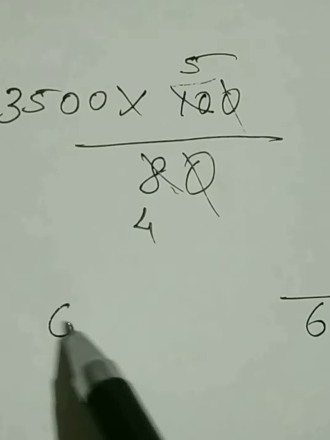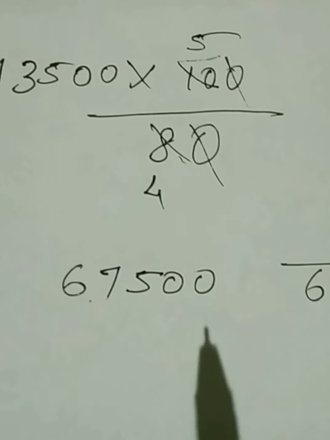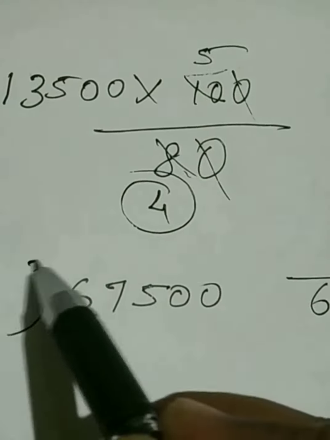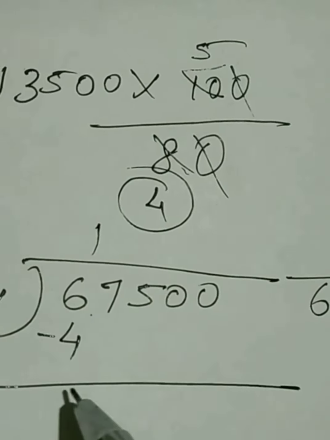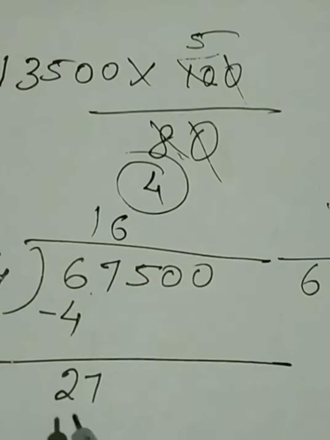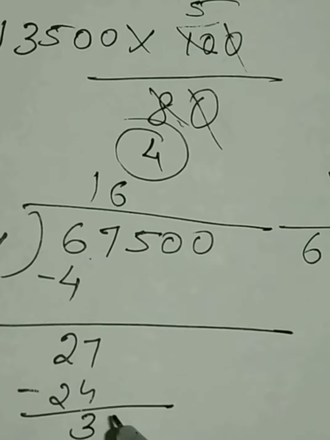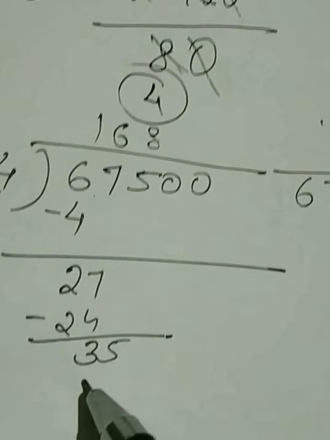Then 7, 5, 0, 0. 67,500 divided by 4. 4 goes 1 time, then subtraction 27, then 6. 6 4s are 24, again subtraction 3, 35, here 8. 8 4s are 32.